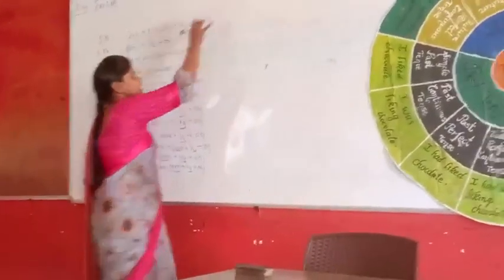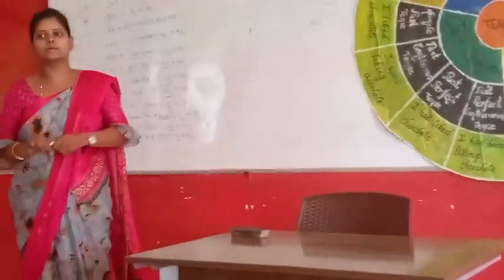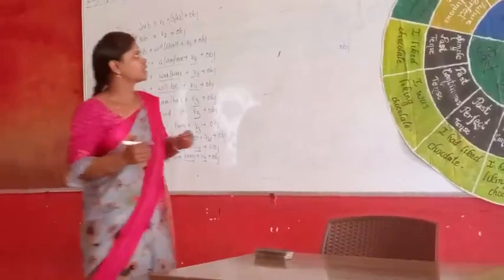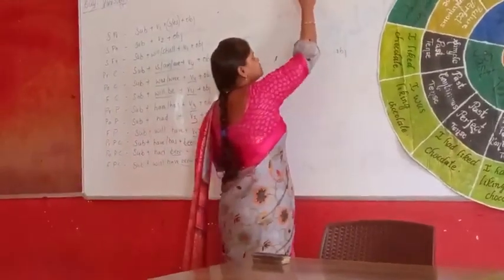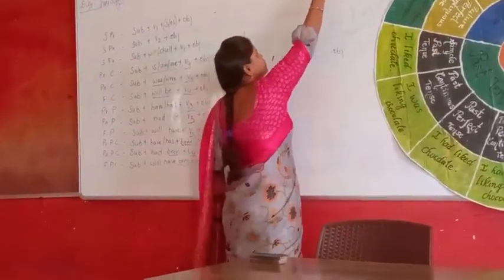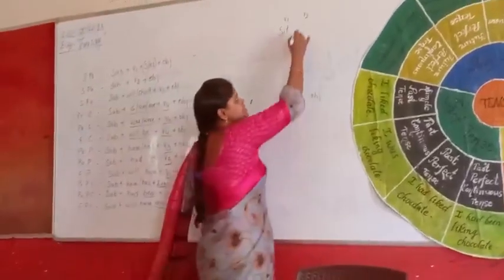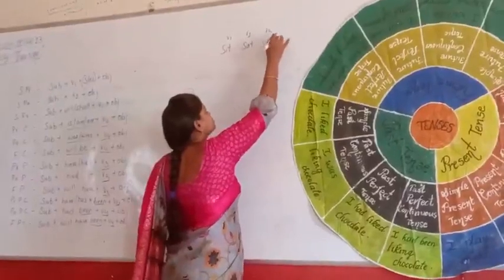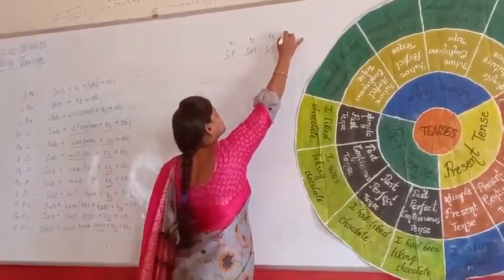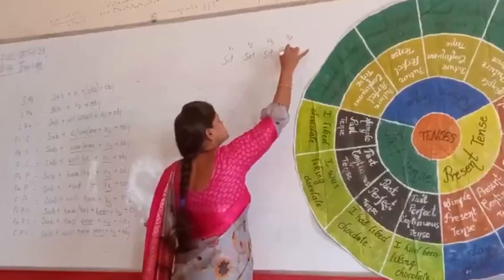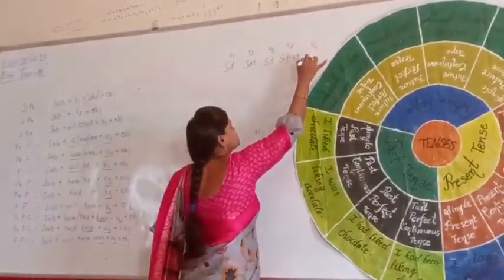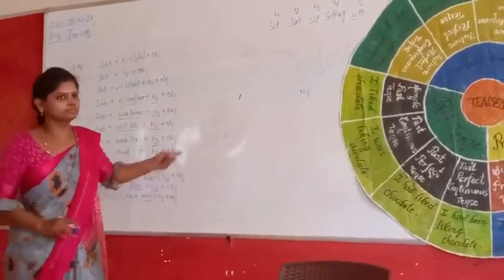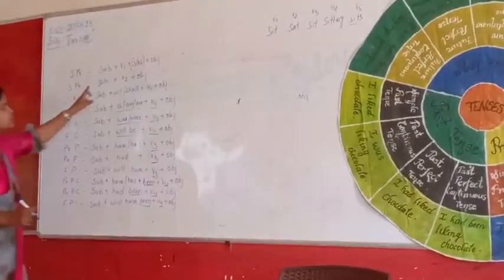Say one example, at least one verb. Anyone, a verb? Sit. Simple present.